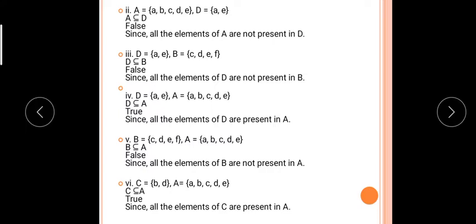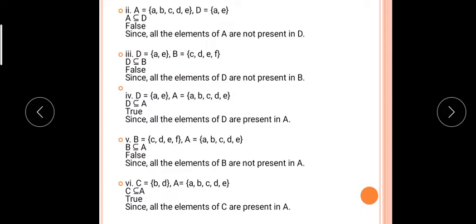Now set D is equal to {A, E}, and B is equal to {C, D, E, F}. Then D is a subset of B? False. Why? Because A is not present in set B, and therefore all the elements of D are not present in B, and the given statement is false. In the same way, D is a subset of A?